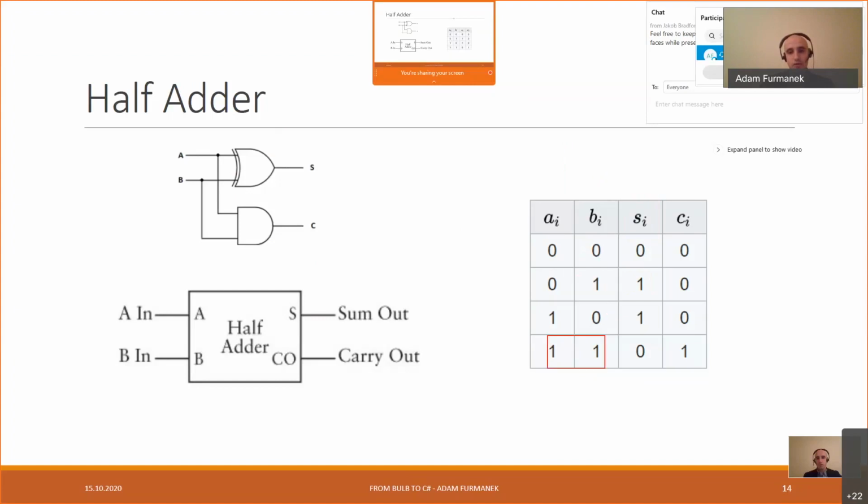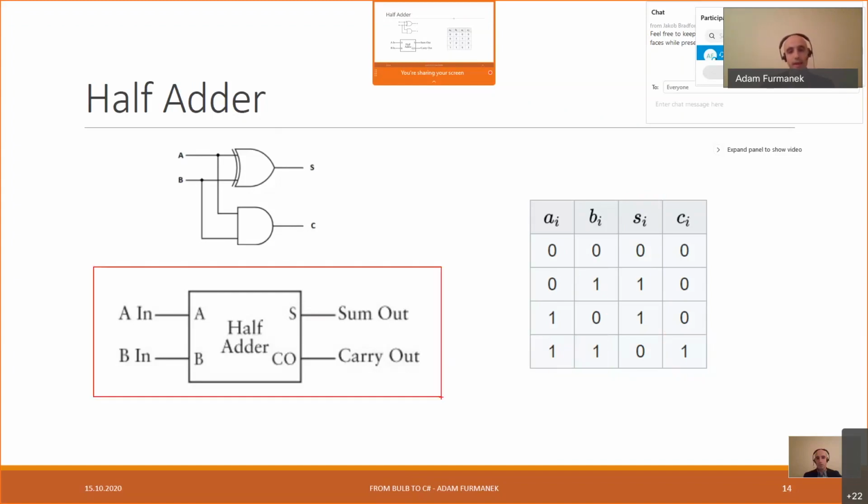If we add two ones, what we get is the number 2, which requires 2 digits to be encoded in binary. So the lowest digit will be 0, and then we'll have the carry, which we include when adding the next digits. This is the half adder, which is also typically depicted as a rectangle named half adder with inputs and outputs.